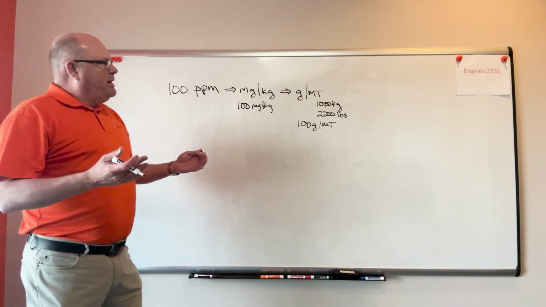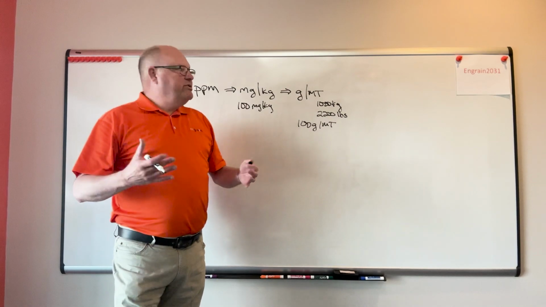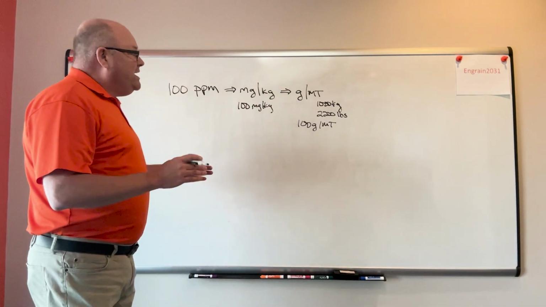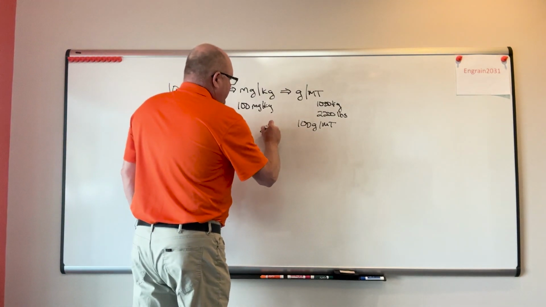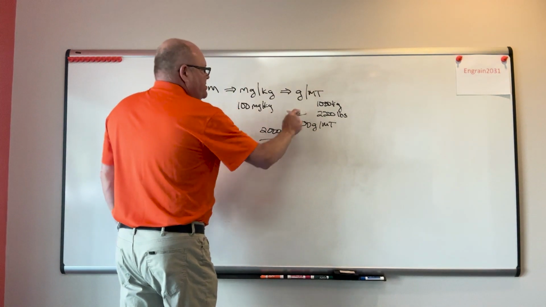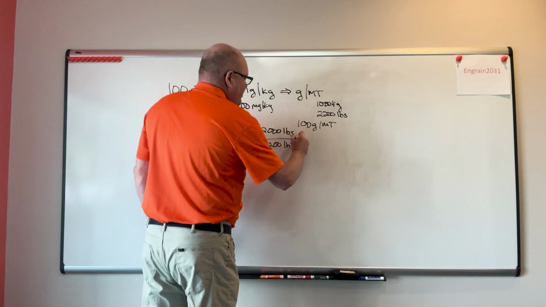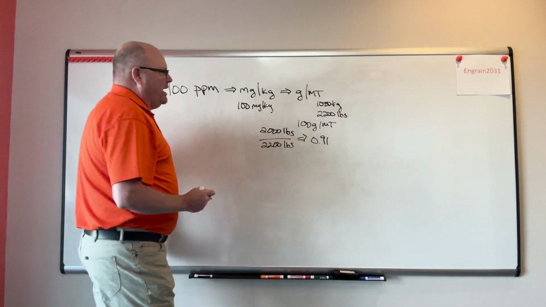But if we're thinking about ppm and we're trying to get to pounds or to a US short ton, which is 2,000 pounds, we need to do a conversion from this. So a US short ton is 2,000 pounds. A metric ton is 2,200 pounds. And if we divide those two, we have a ratio of 0.91.